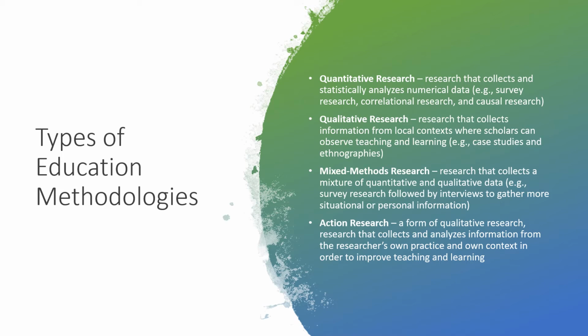So this is what a lot of the work we see in education and other social sciences fields involves: qualitative research, where researchers are actually in an educational context and making observations through things like interviews to get personal information.